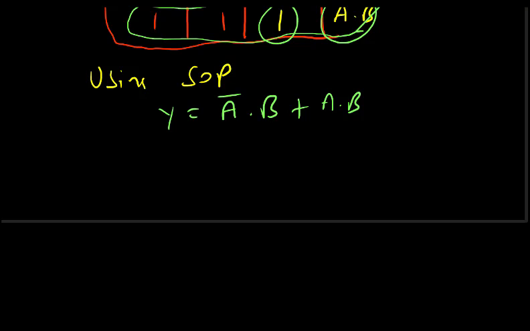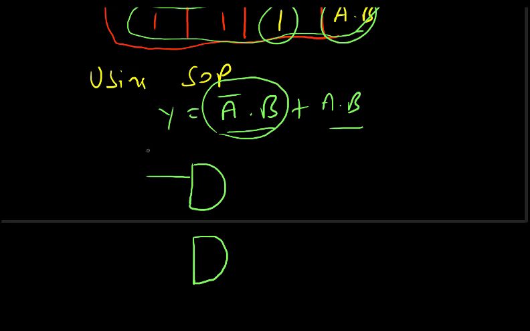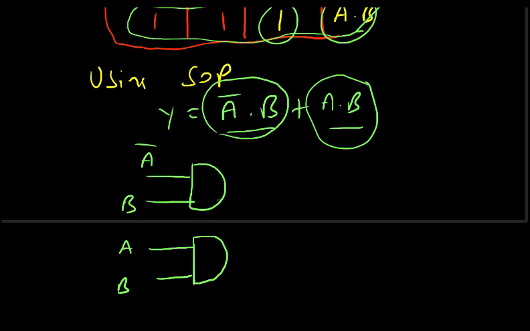Now how to realize the circuit? I have this AND OR combination. This is one AND gate, and this is another AND gate. For this one, input is A bar and B, and for this one the inputs are A and B. So this output is A bar B, and this is A B. Now we have to sum this.